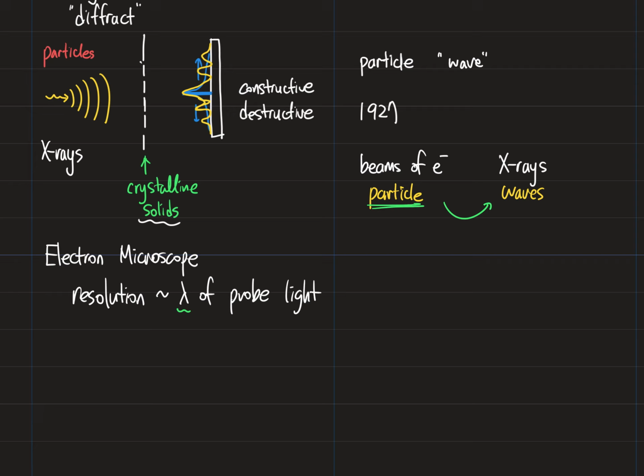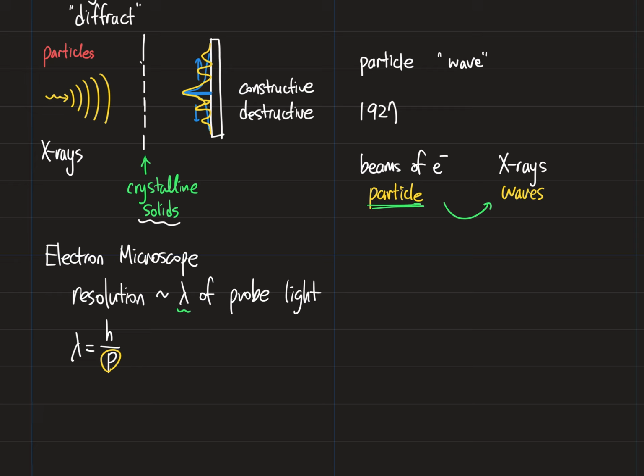So according to de Broglie's equation, lambda is h over p. The wavelength of an electron is inversely proportional to its momentum, right? We can easily control the momentum of an electron by accelerating it through an applied voltage.